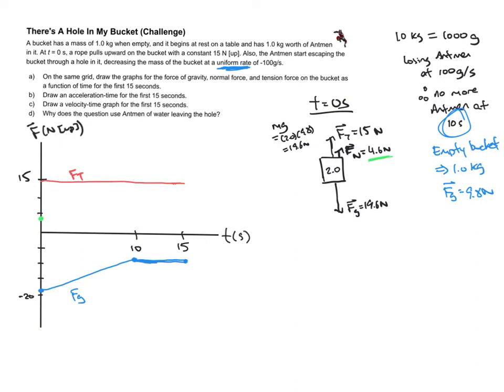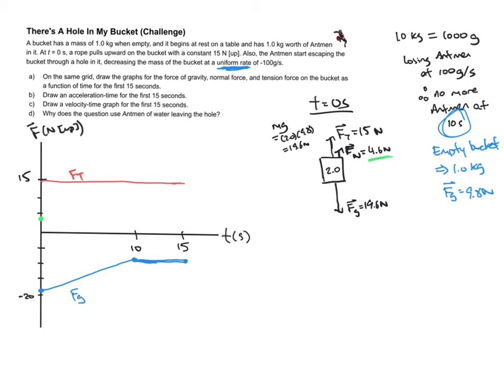And at some point, actually, the bucket's going to leave the table. The bucket's going to leave the table because at some point, the 15 newtons is going to be bigger than the force of gravity.